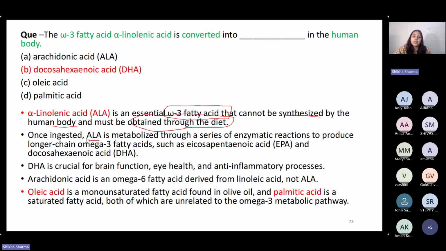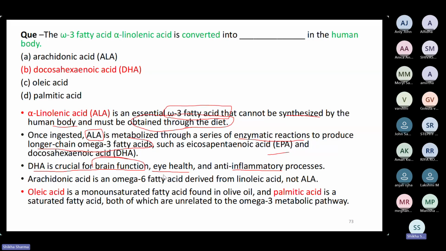Once ingested, this ALA is metabolized through a series of enzymatic reactions to produce longer chain omega-3 fatty acids such as EPA and DHA. This DHA is also very crucial for brain functioning, eye health, and anti-inflammatory processes.